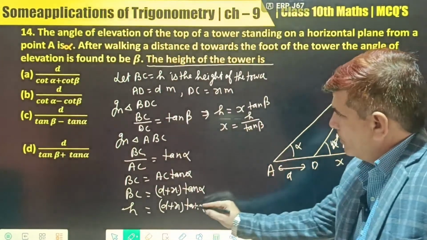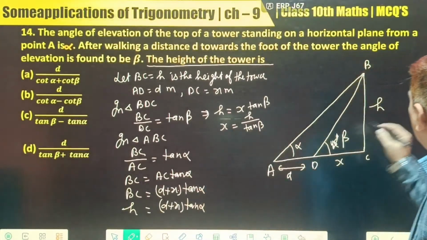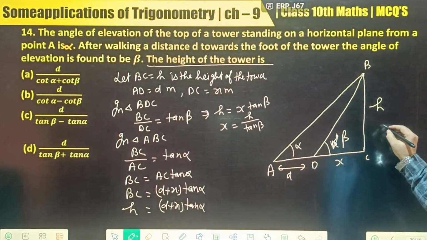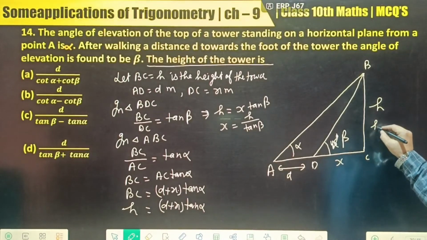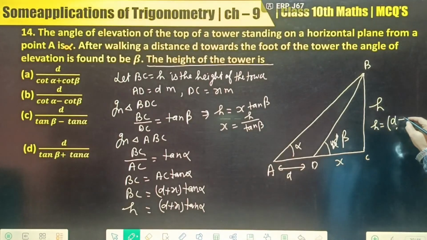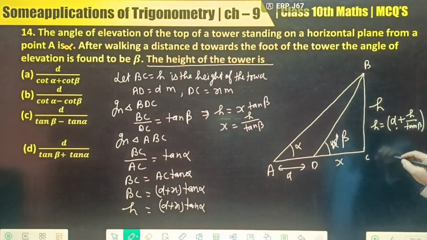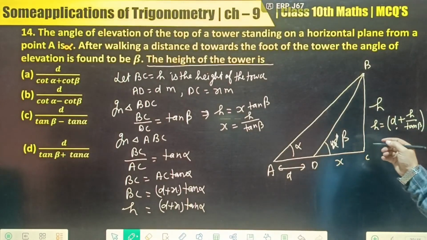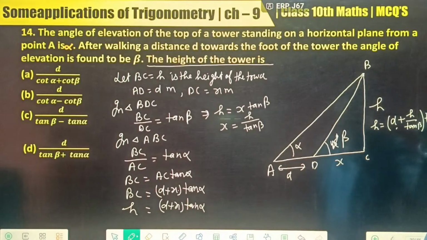So come here, putting the value of X here. It becomes H equal to D plus H by tangent beta, into tangent alpha.